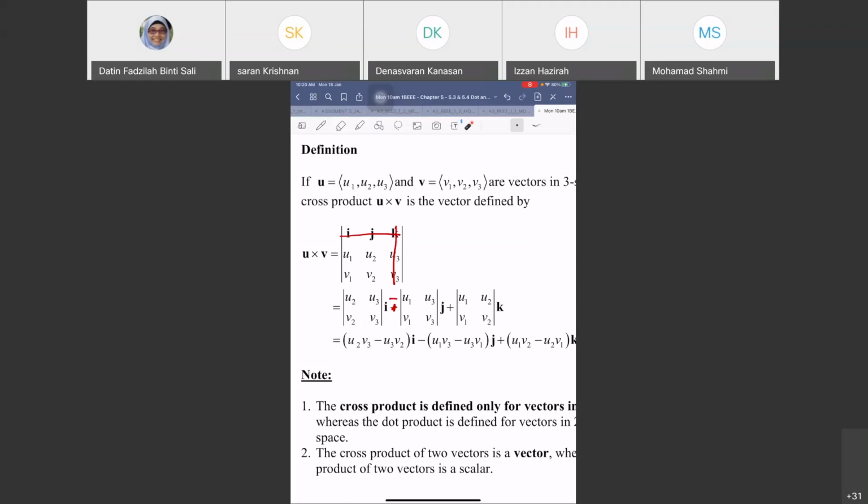Because remember last time, when we found the determinant of a 3 by 3 matrix, there's a cofactor, a factor of -1 to a power. If you have a 3 by 3 determinant, there's a sign pattern: plus, minus, plus, minus, plus, minus, plus, minus, plus.